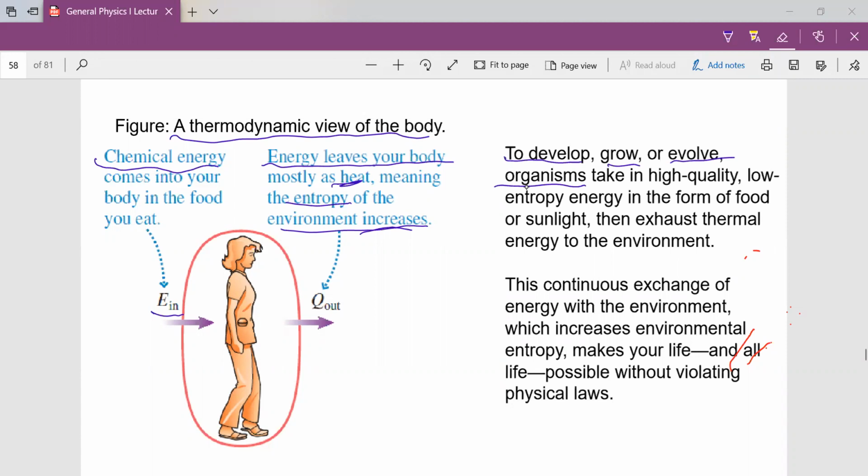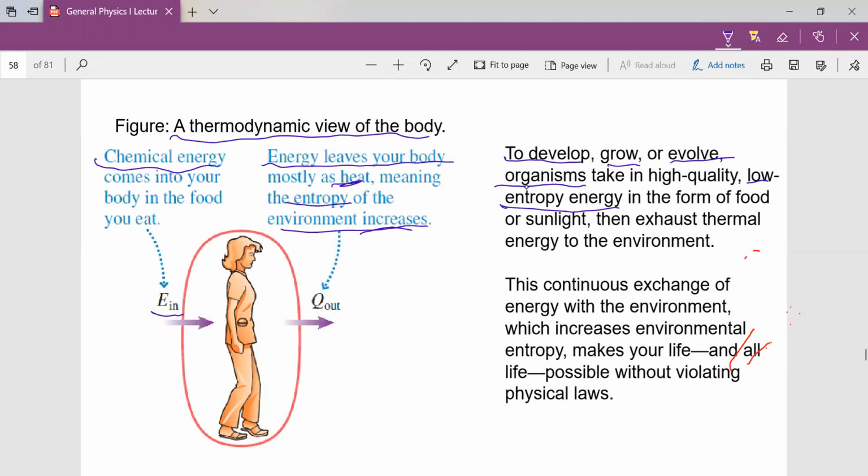The processes that were described as multiplication were actually processes that established the principles of thermodynamics. When we grow and develop, we take in high quality, low entropy energy because we're giving out little heat that is not causing so much change to our environment, right?